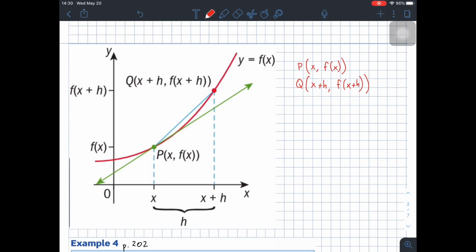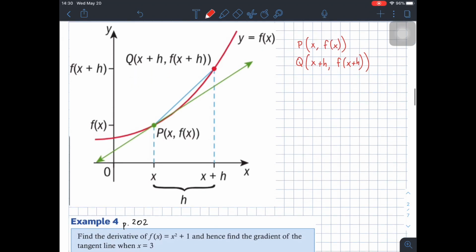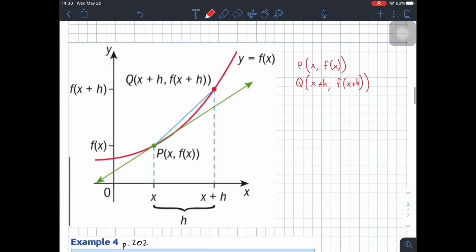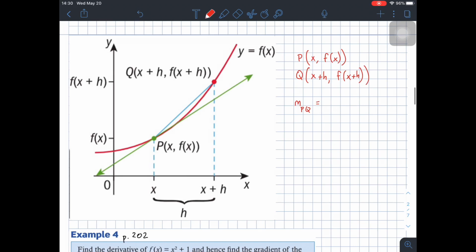As I told you before, this value of h is just the difference between the x coordinate of point Q and the x coordinate of point P. So if we calculate the slope of PQ, which is basically this blue line you can see here, the slope of that line, remember the formula, y2 minus y1 divided by x2 minus x1.